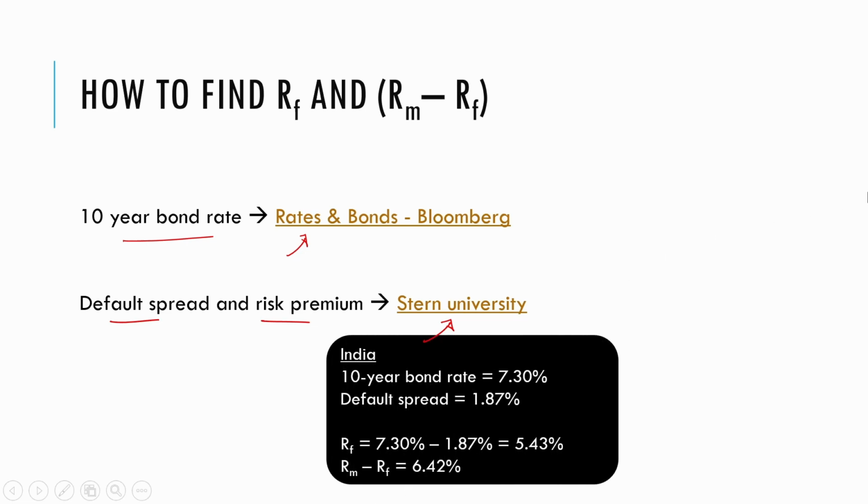So here it is: 7.3% was the government bond rate, the default spread was 1.87%, and therefore your RF is 7.3 minus 1.87, so 5.43%. And then the risk premium is 6.42% from the table. So this is how you will check from the table.